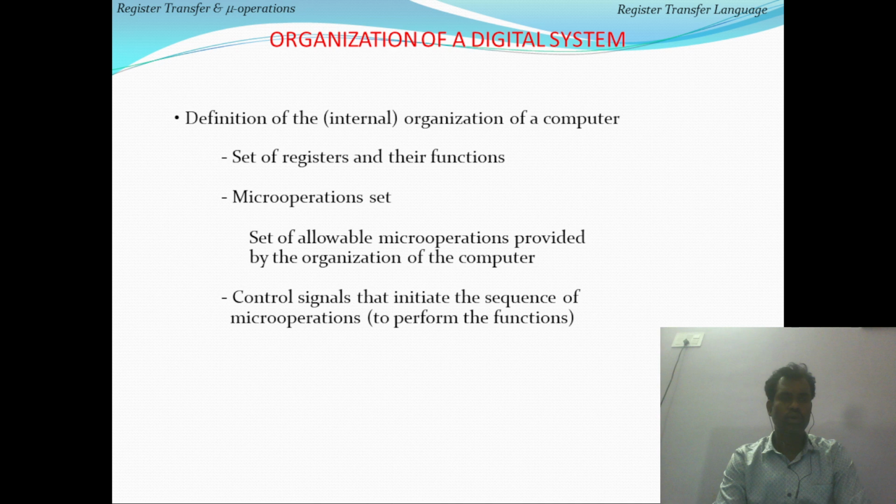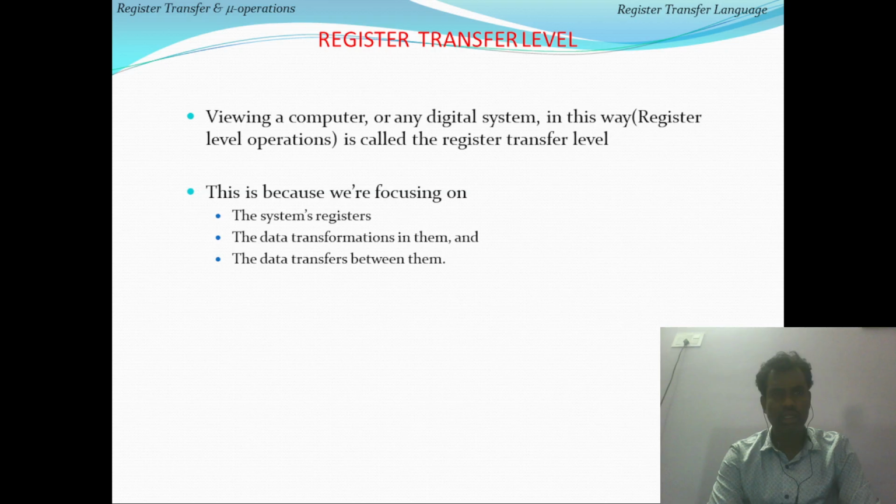It covers the different ways of transferring values or data between the registers. So this focuses on the system registers available, the data transfers between the registers, and the data transformations for any other purpose.